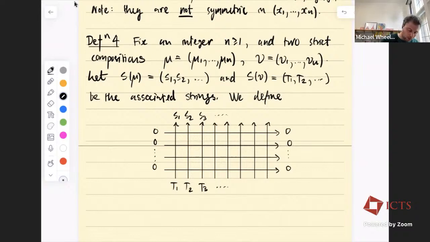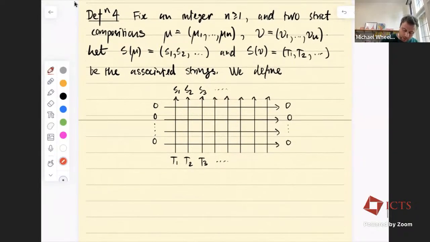Okay. And in a similar vein to previously, I'll still use y's for the vertical spectral parameters and x's for the horizontal ones.